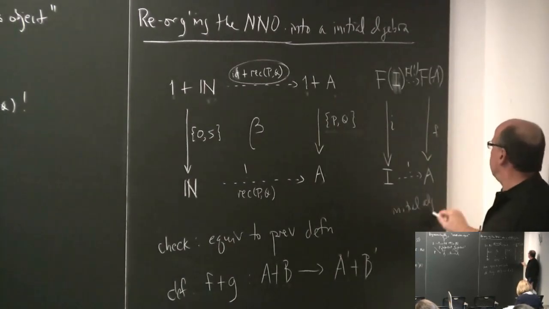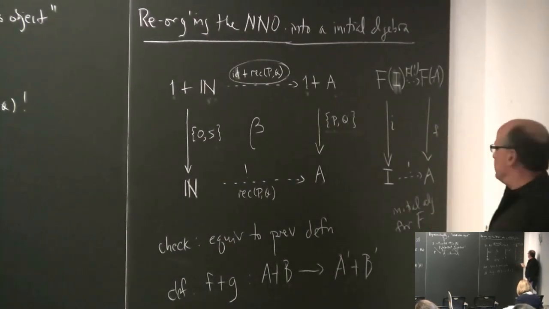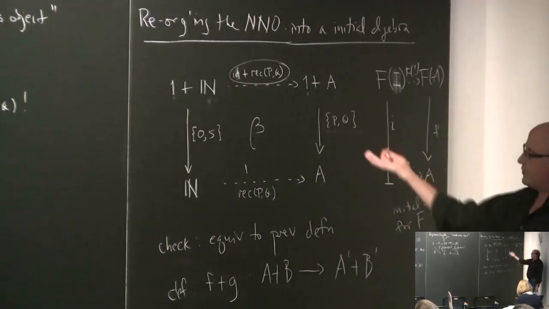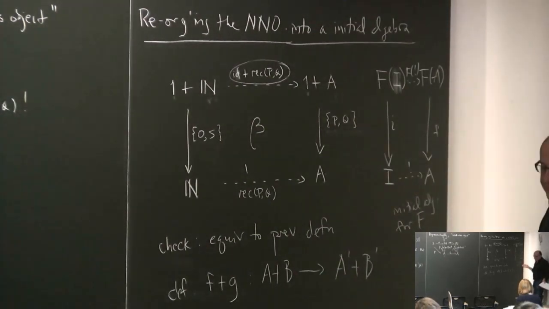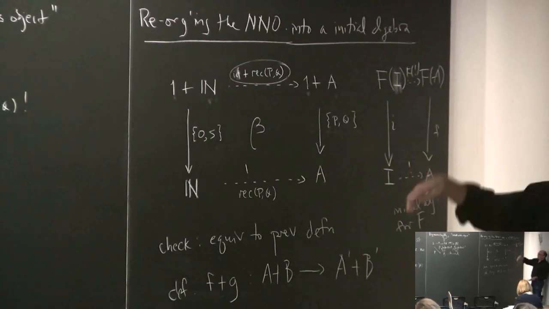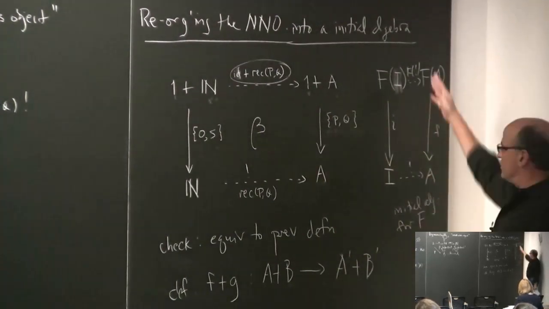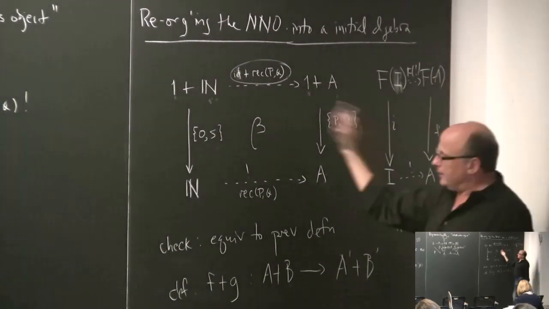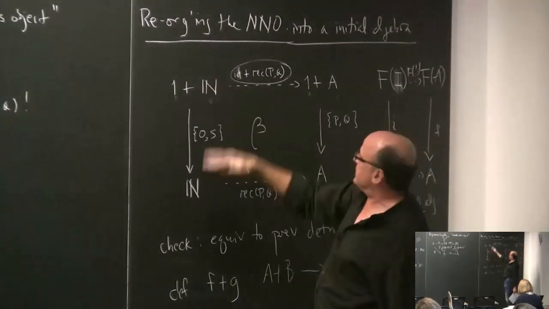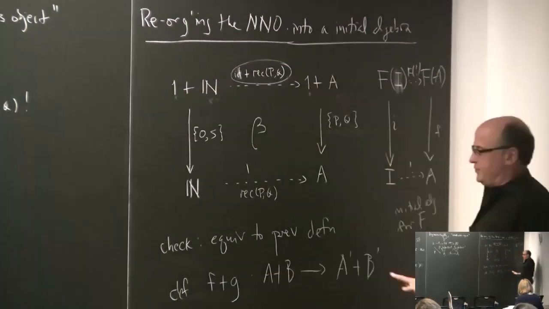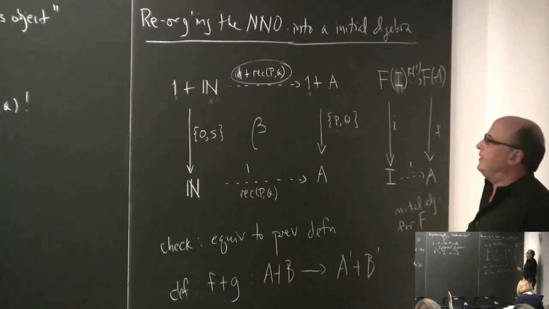And all I'm saying is the natural numbers object, defined sort of ad hocly, is an instance of the more general notion of an initial algebra for a functor, in particular this particular functor, which I spelled out literally here and asked you to work out by yourselves.